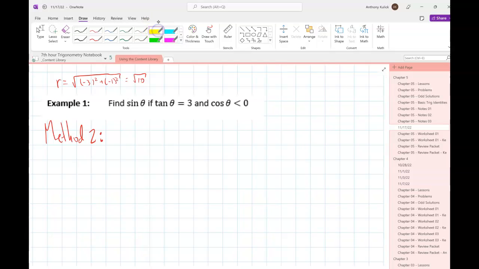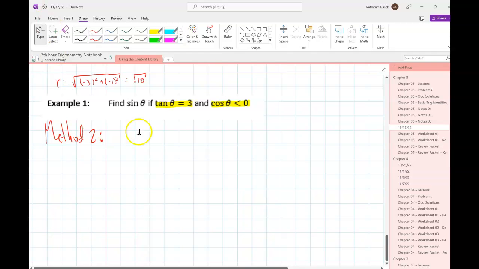So let's see. The first thing I want to do is find an identity that relates tangent and cosine together, but just tangent and cosine together.